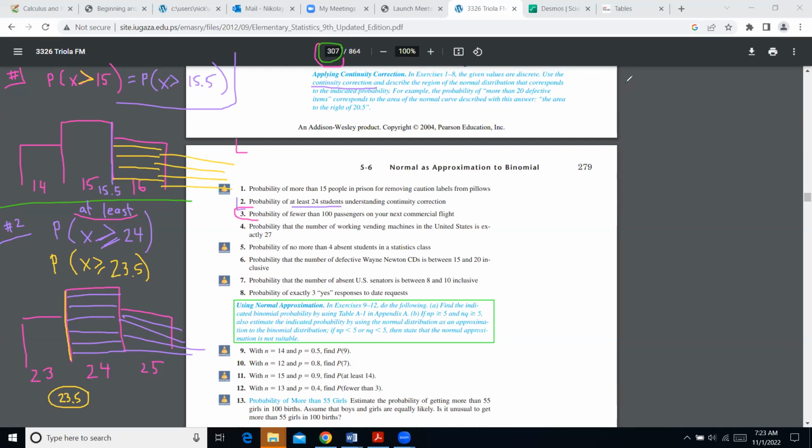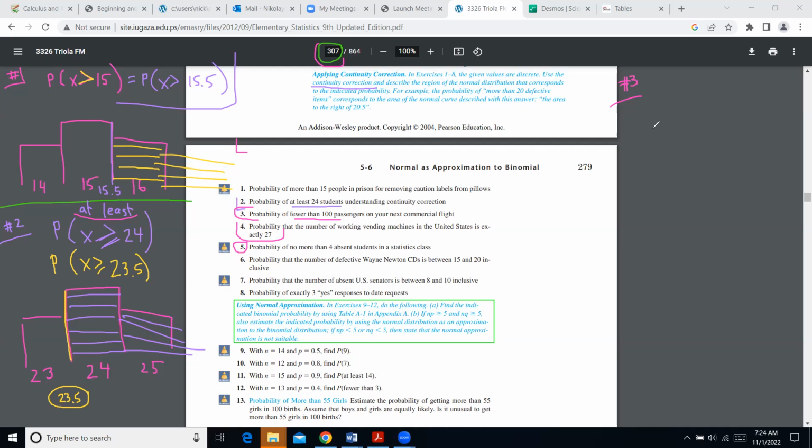But I think if you start to see how to do this continuity correction, then that's really all you need. So in exercise 3, they say fewer than 100 passengers. Maybe I'll ask you for quiz number 5, because 4 is a little bit different and I should do it next time.